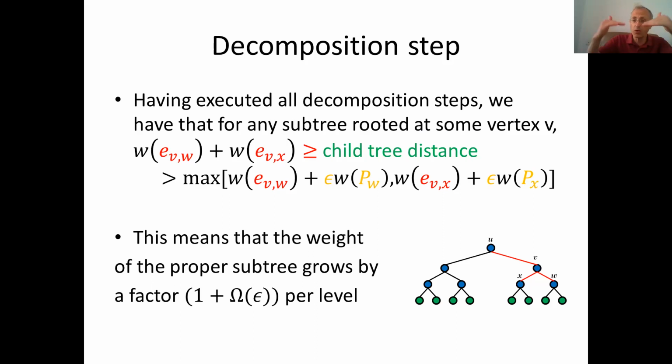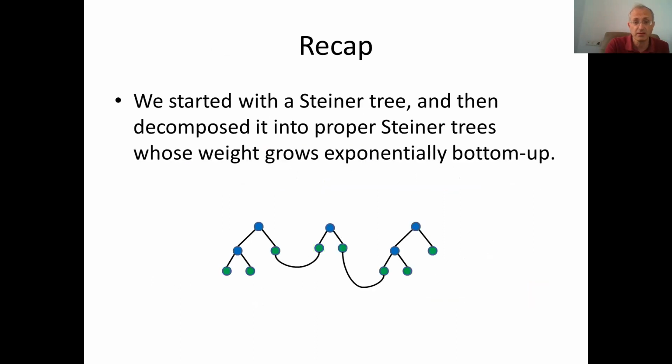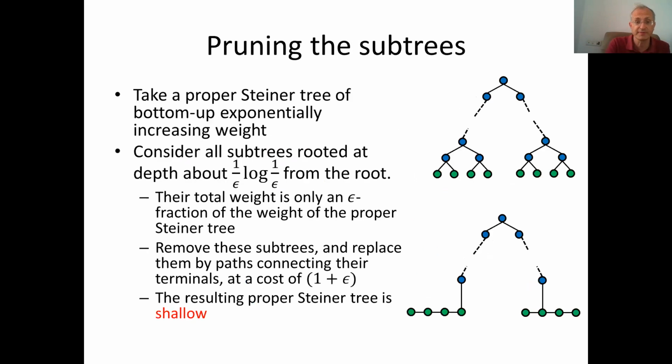Okay, so actually, as you go up, you're picking up edges that cause the weight of the proper Steiner tree after this decomposition to grow exponentially. Okay, and that's what we said. We started with a Steiner tree. We decomposed into proper Steiner trees whose weight grows exponentially as you go bottom up.